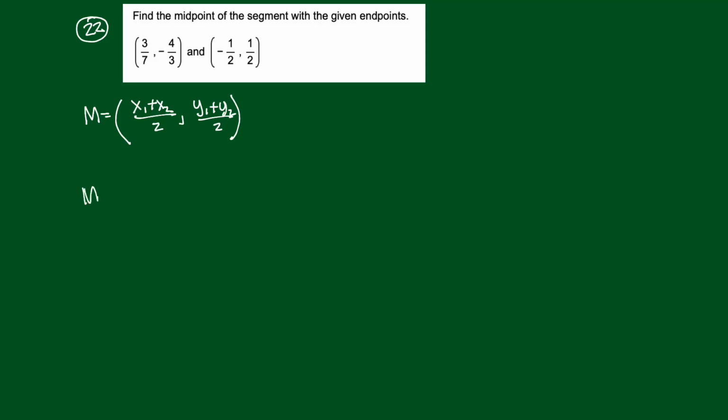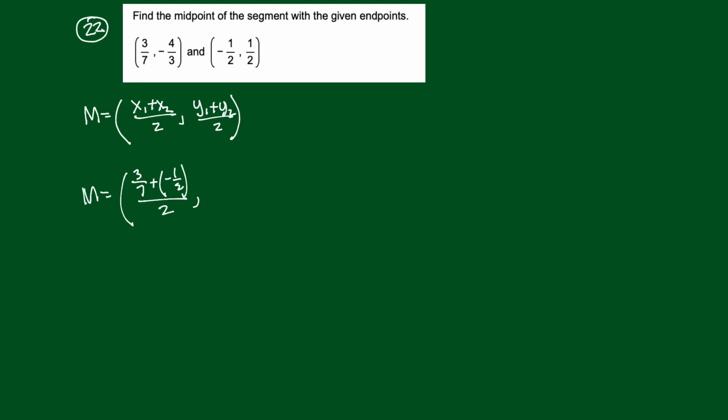Let's do it. So the midpoint should be at, now, the first x plus the second x. All right, I'm just going to do this now. This is going to be 3/7 plus negative 1/2 over 2. And do it for the y's. First y plus the second y.